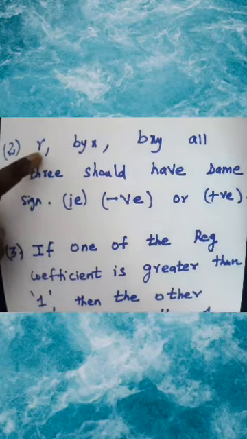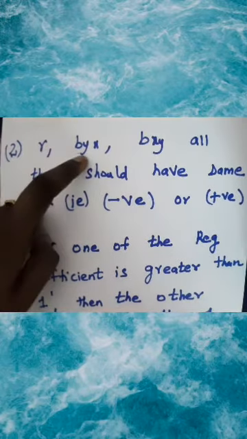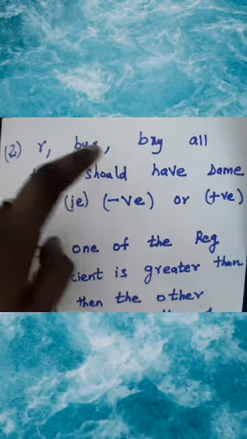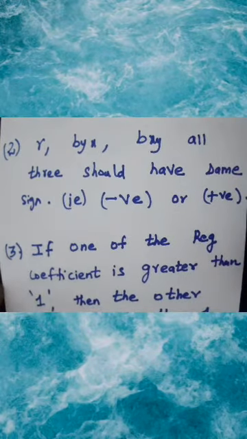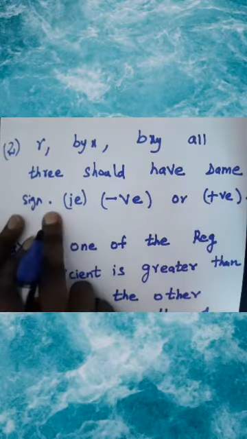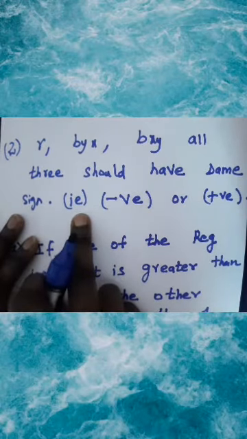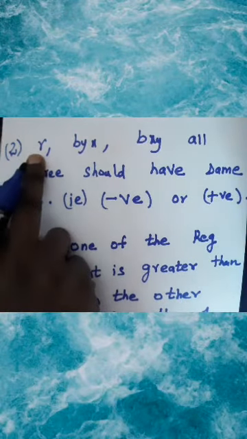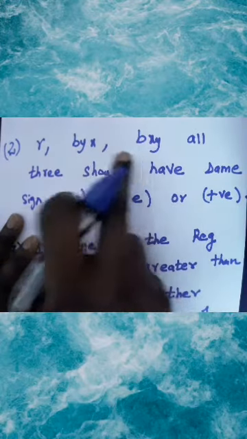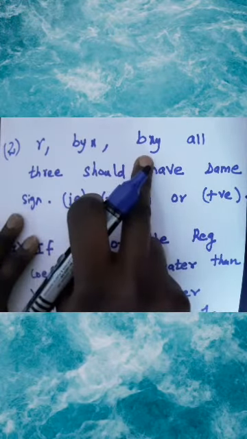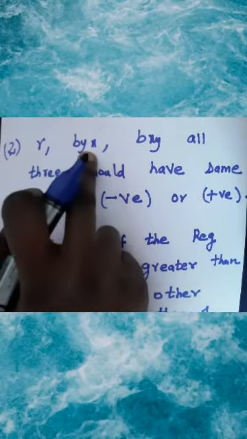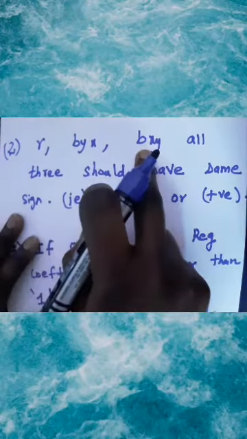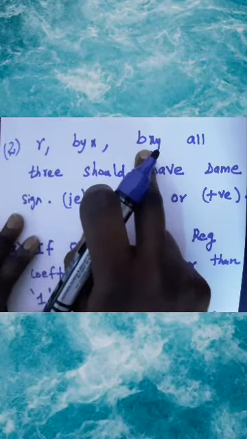Now the second important property is that the correlation coefficient r and the regression coefficients byx and bxy, all three should have the same sign. If the correlation coefficient r is positive, the regression coefficients should also be positive. If r is negative, byx and bxy should be negative.